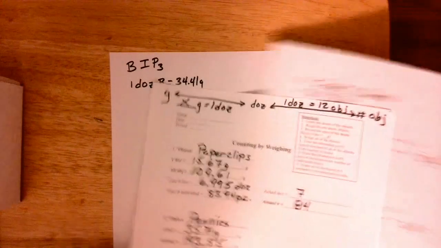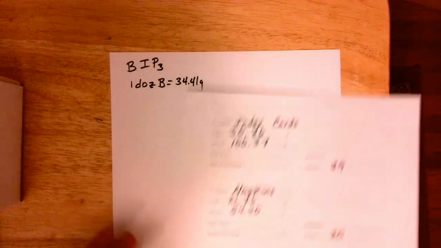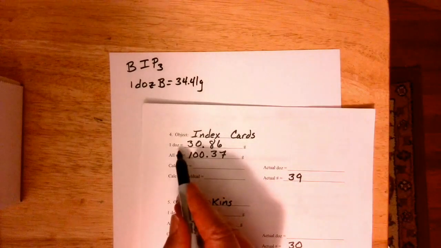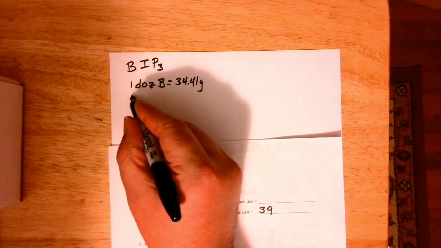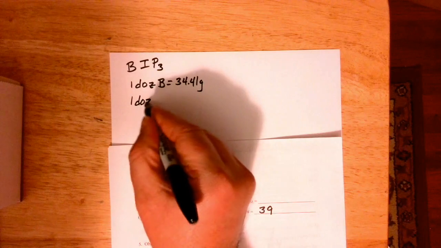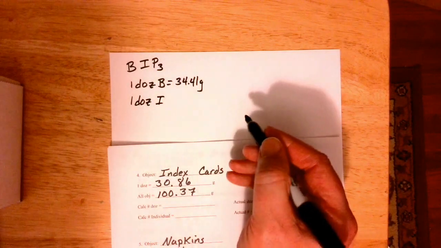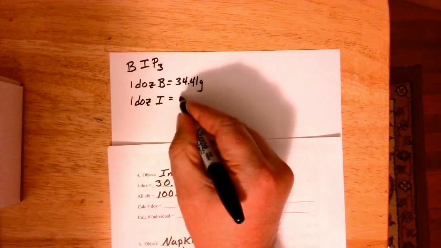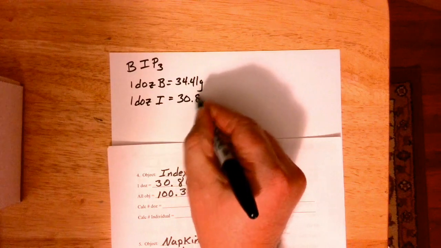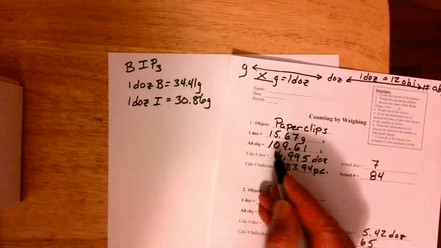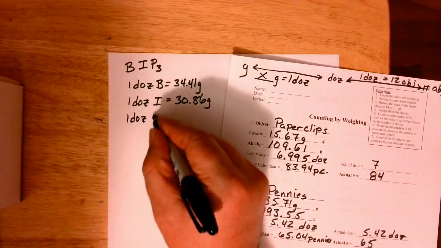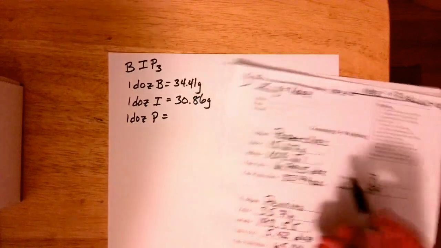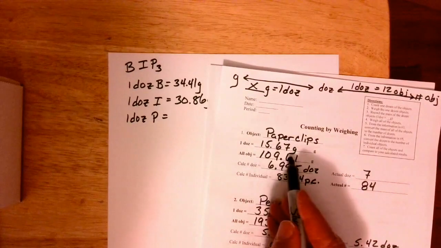Alright, for index cards, 1 dozen index cards is 30.86 grams. So 1 dozen index cards is 30.86 grams. For the paper clips, 1 dozen paper clips was 15.67 grams.